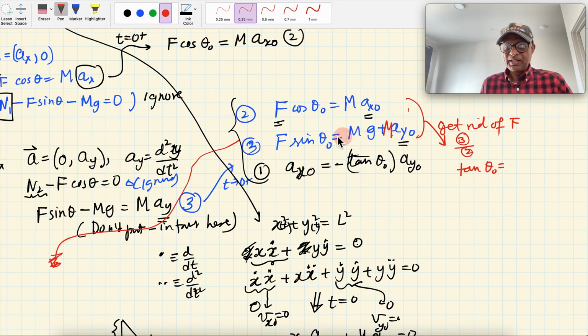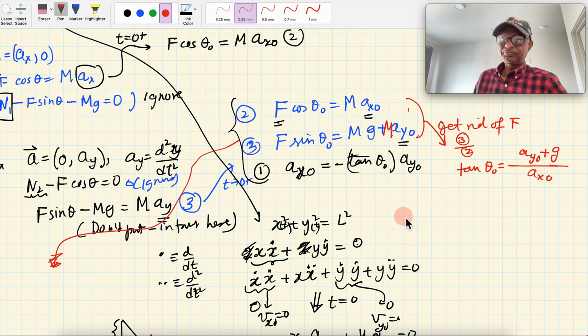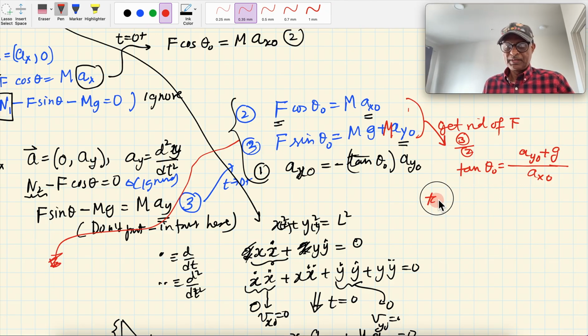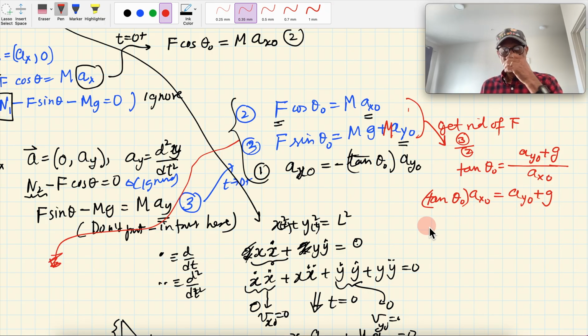Yes, there's an m missing, so the m's will cancel out, and you're going to get a y0 plus g over a x0. So you can bring this to the other side: a x0 is a y0 plus g.